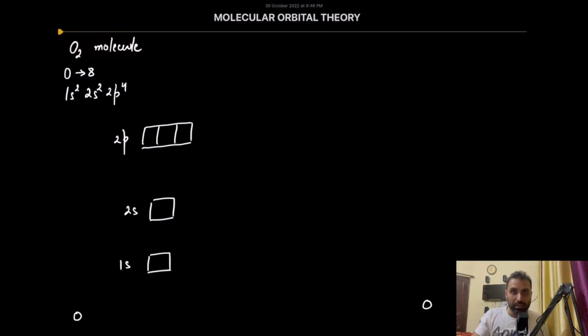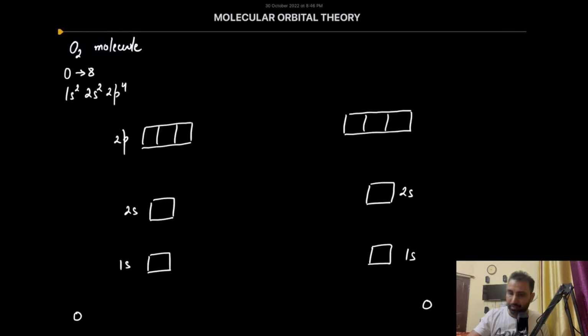Now let's move to the second oxygen atom. That's the 1s of second oxygen. That's the 2s of second oxygen atom. And that's the 2p of second oxygen atom.